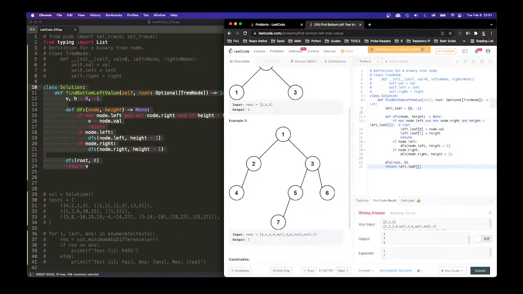Oh, that's 3 levels. My God, so many errors. See, that's what I was talking about, right? It's very bad. And then we can run the edge case of a single value.